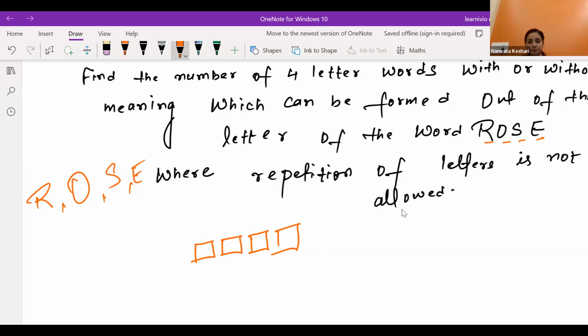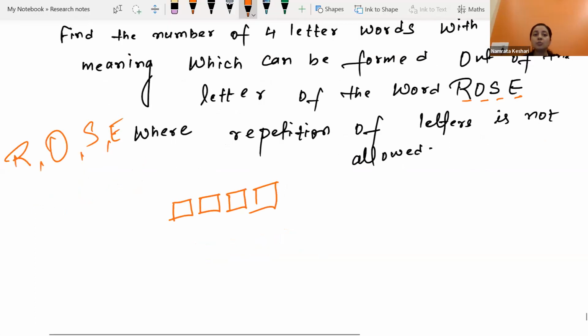Okay, we have to find how many four-letter words we can create. Find the number, that means how many possibilities there will be.